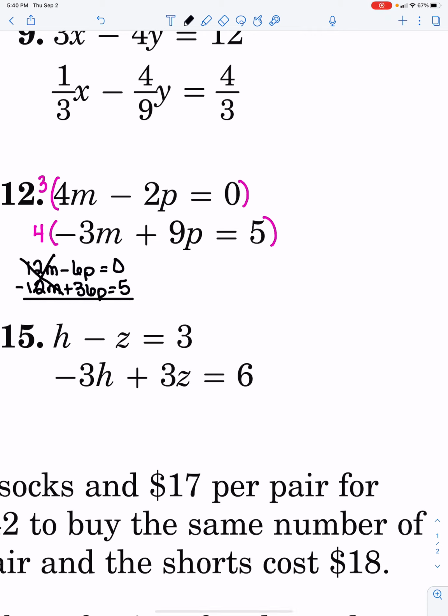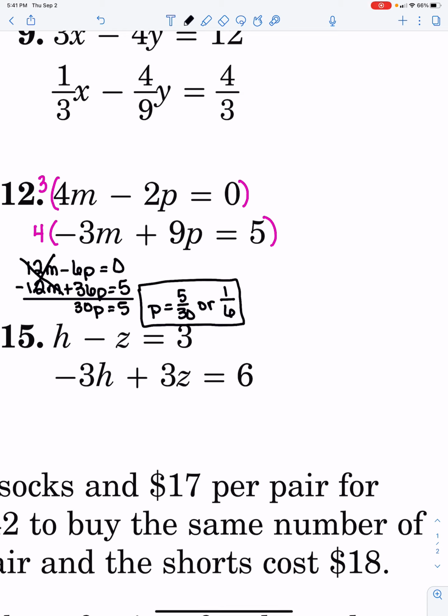These two here eliminate. Then I've got 30p is equal to 5. Or we get p is equal to 5 over 30, or 1 over 6. Always better to reduce when we can reduce.